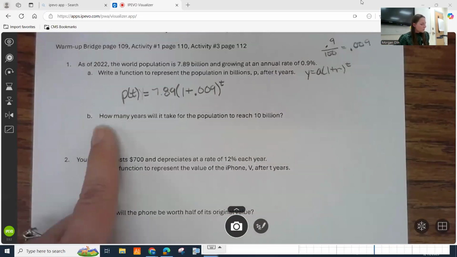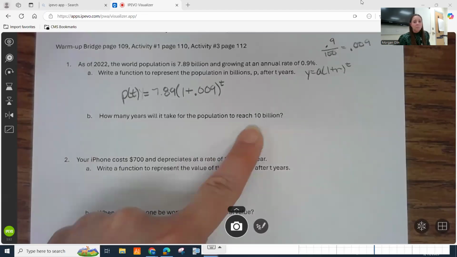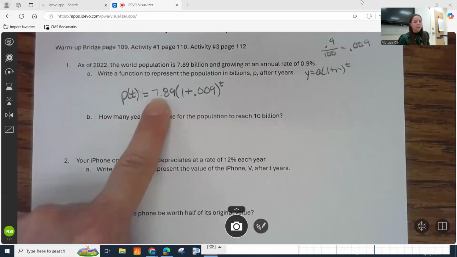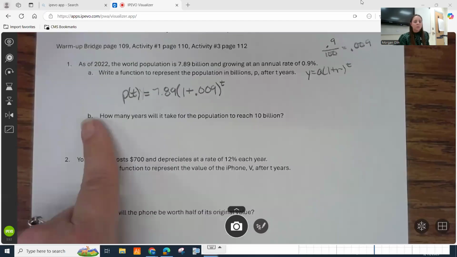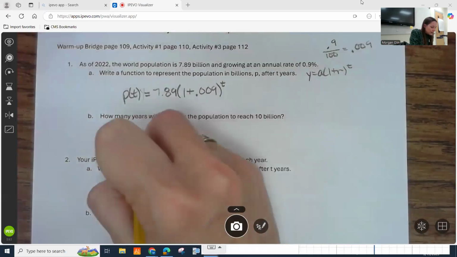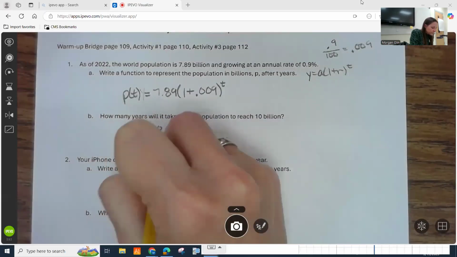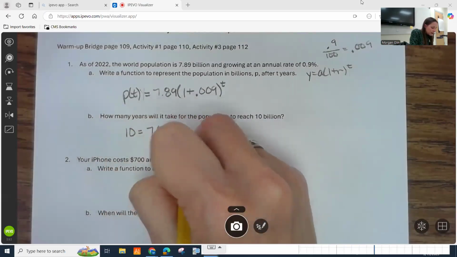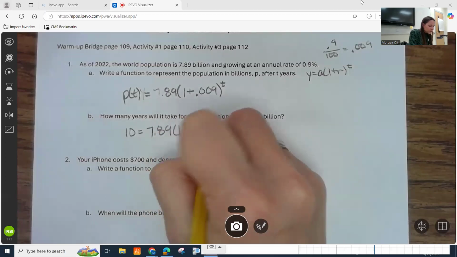Now, how many years will it take for the population to reach 10 billion? Now, realize this is in billions. I didn't want to put all the zeros. You do not need to do that. Just realize your answer comes out as 10 billion. So here, in billions, 10 equals, and I'm going to go ahead and add that together, so it's like that.